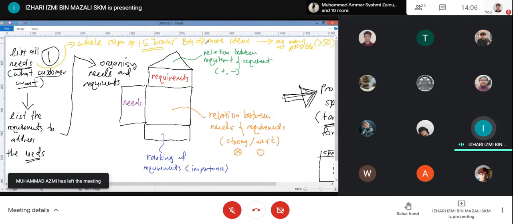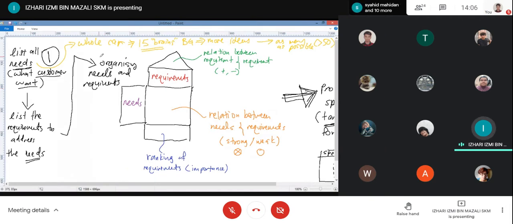Okay, once you have all of the needs for the whole car, then you divide it into the specific SG, the specific system. Then from the needs of the whole car, you can divide it into 5 needs for each of the SG.